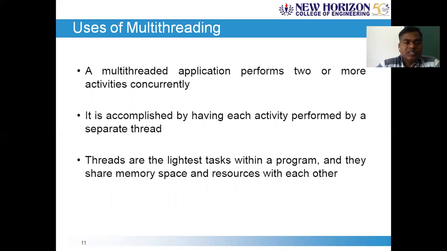Now let us conclude session one. We are able to understand what is meant by a thread, what is meant by multitasking, and what is meant by multi-threading, what the uses of multi-threading are, examples for multitasking, examples for multi-threading, and the difference between multi-threading and multitasking.